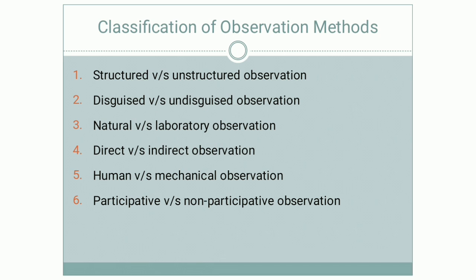Next is natural versus laboratory observation. This is another way of classifying observation. Another way to classify the observation is on the basis of their setting, natural or laboratory.